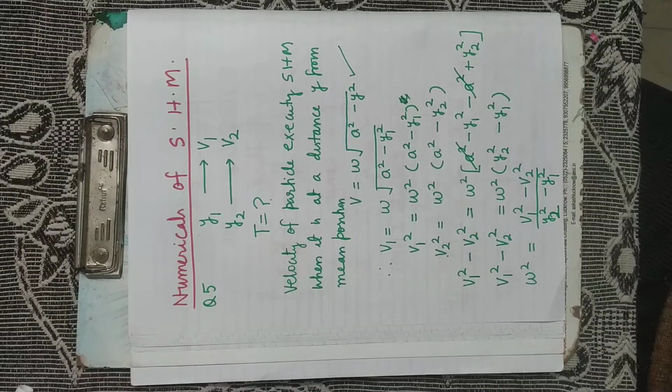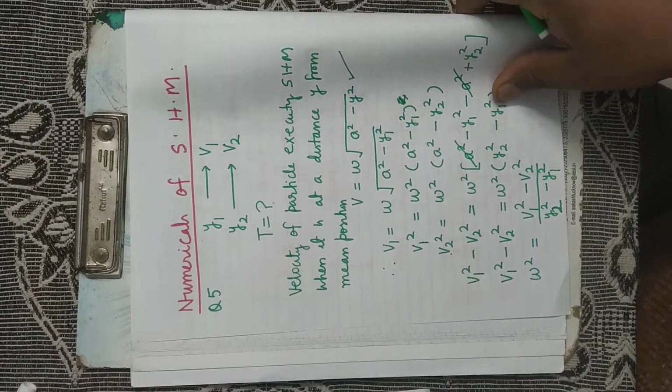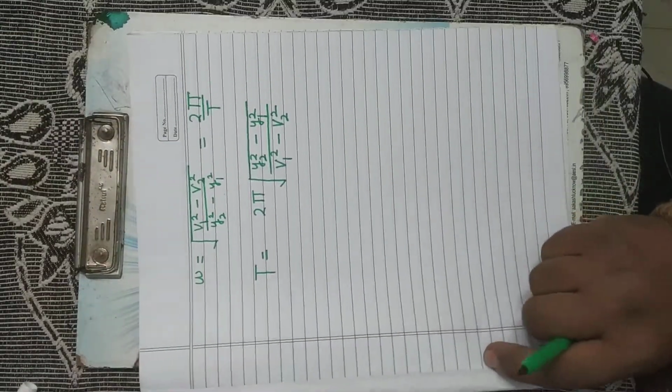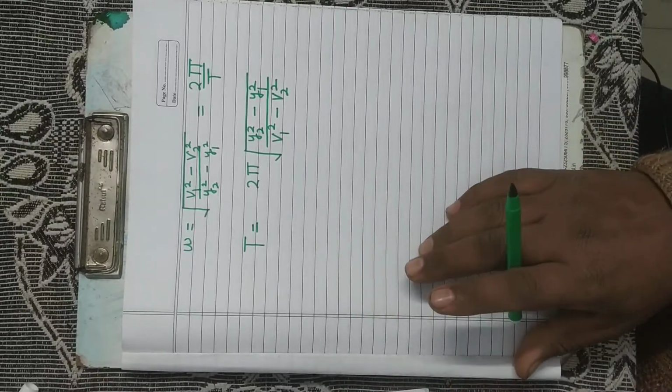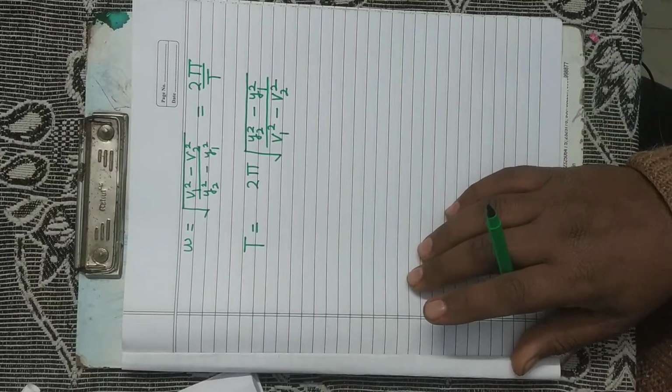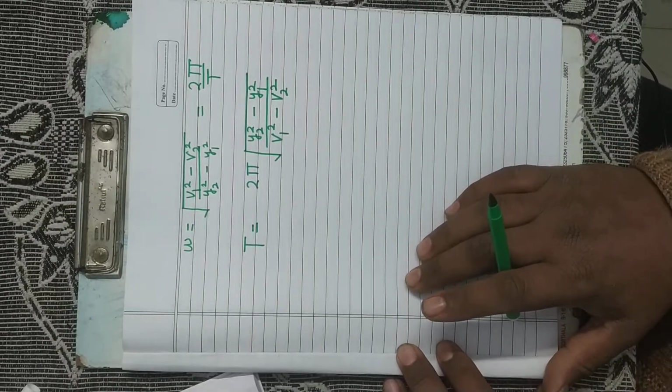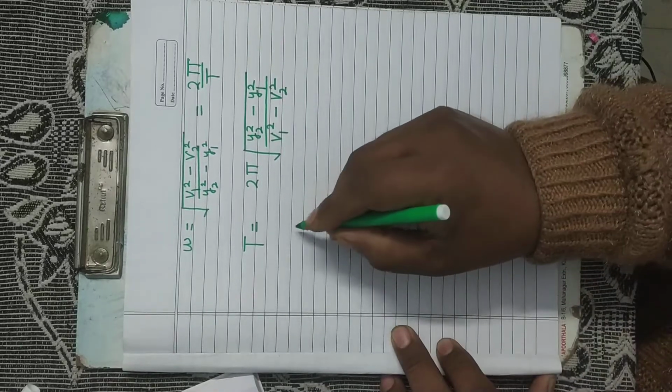It will be v1 square minus v2 square upon y2 square minus y1 square. So omega will be the square root of this. And once you have determined omega, now you can write the value of T. It's clear. Now after this we will do the numericals here.